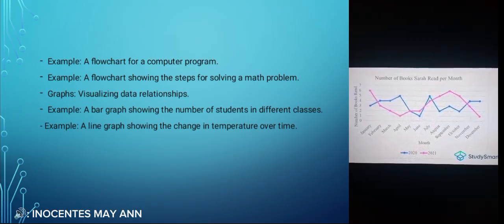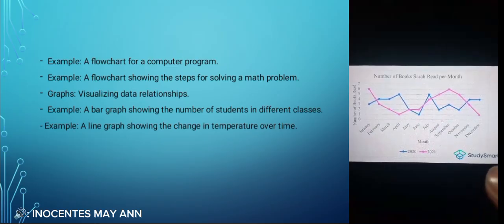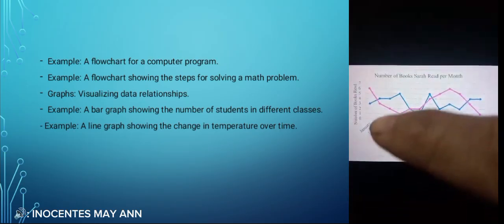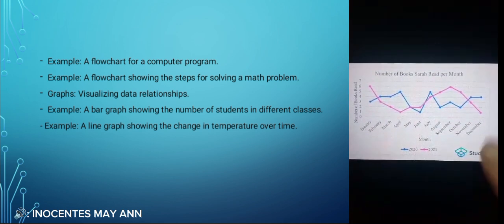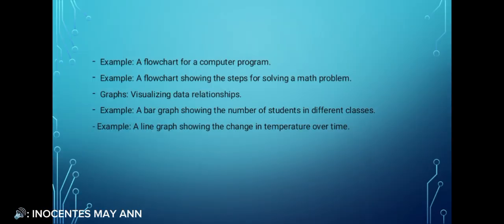And our last example is a line graph, showing the change in temperature over time. In this case, I'm showing you a line graph about the number of books Sarah read per month. Number of books read 0 to 7 and the 12 months of the year from 2020 to 2021.